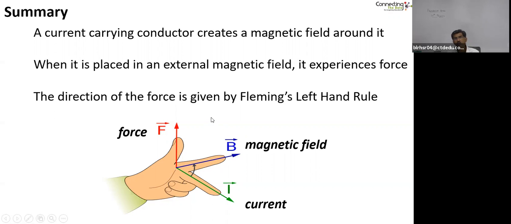So that is the magnitude of the force. The direction is given by what is called Fleming's left-hand rule, which is illustrated here.